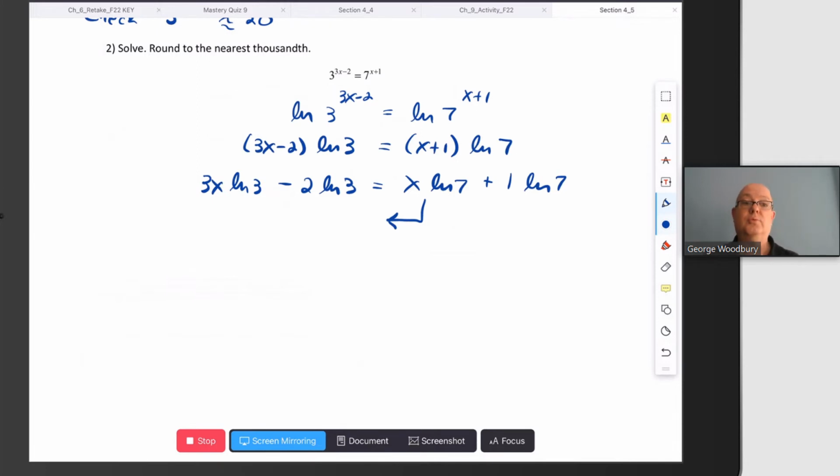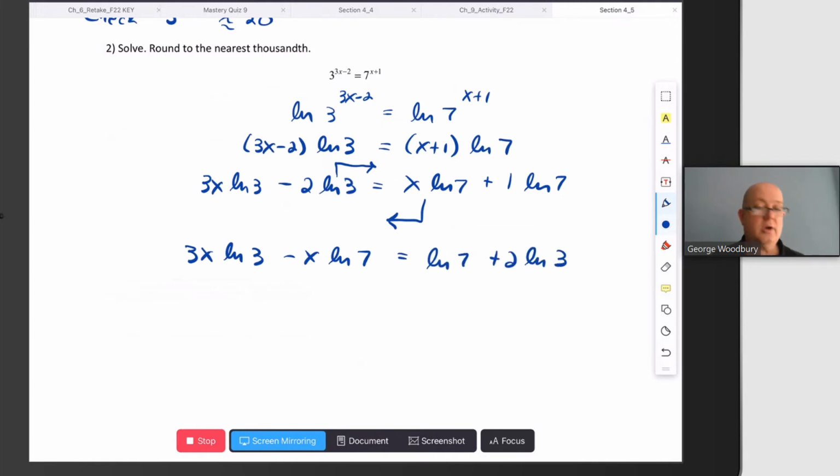And I need all the terms without that variable x in them on the other side, so I'm going to add 2 times the natural logarithm of 3 to both sides. And what I'll end up with is 3x ln 3 - x ln 7 = ln 7 + 2 ln 3.